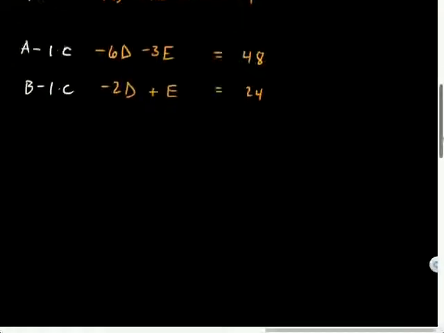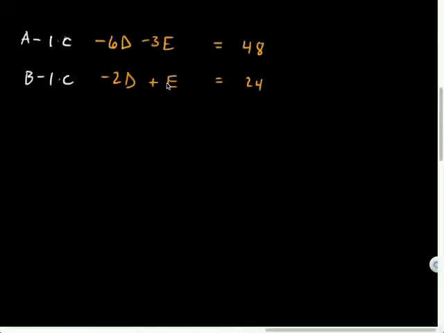Okay, so now I've got a system of 2 equations and 2 unknowns. Looking at these guys, I'm just going to do some substitution. So I'll add 2d to both sides of my equation right there, and I'll have e equals 2d plus 24.